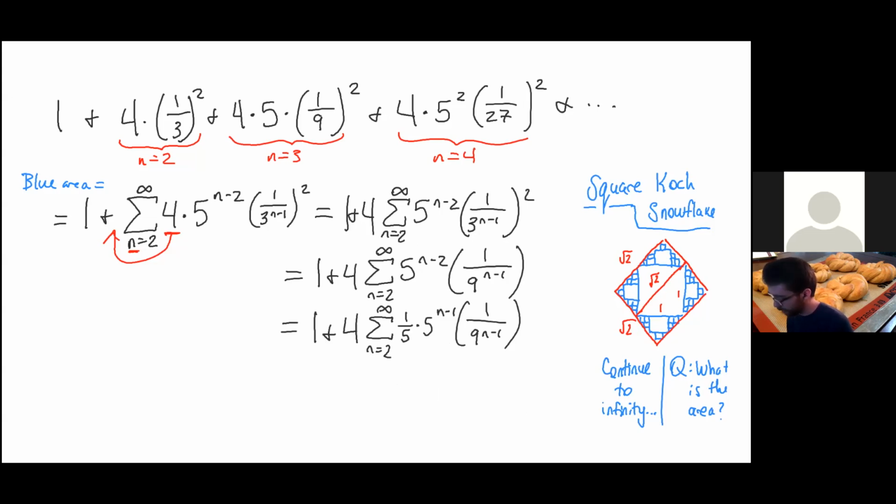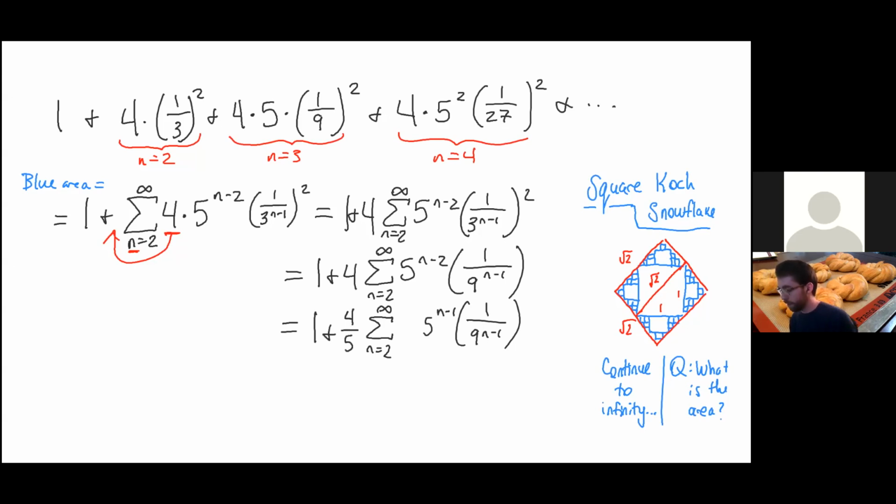So hopefully that's okay. Same story as how I brought the 4 out, I can bring the 1/5 out, because the 1/5 doesn't have any n's on it. So really, just to save space, I'm going to put the 1/5 out here, make it 4/5, and then erase the 1/5 from there. Let me rewrite this, so that'll be 4/5.